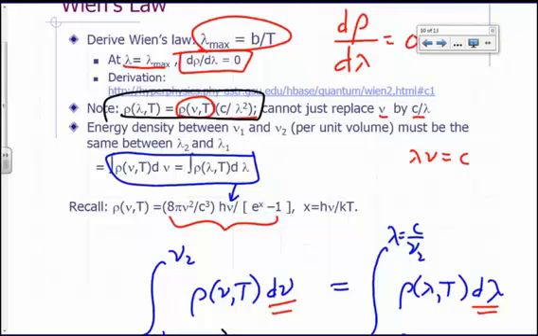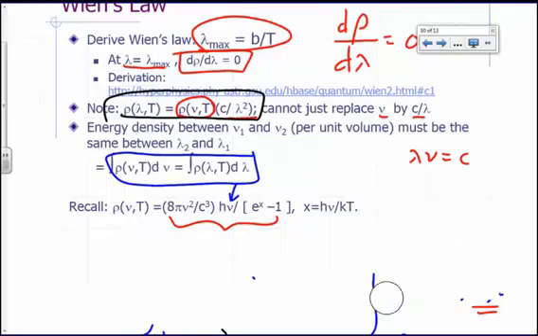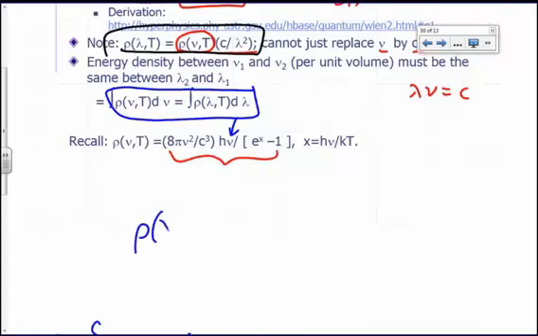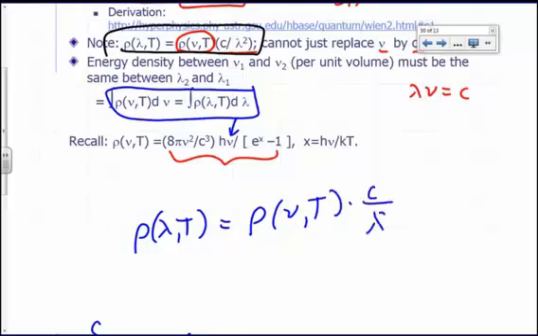And if you did that, what happens? Remember, rho of lambda T is rho of nu T times c over lambda squared.